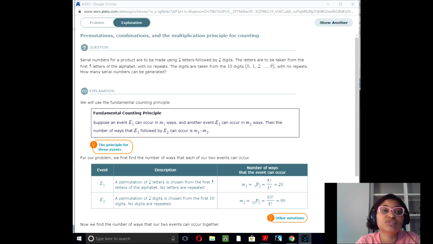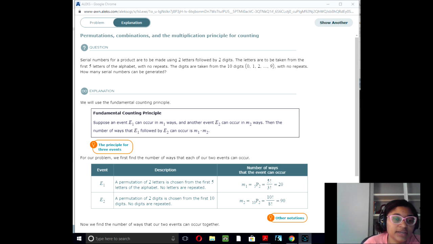The letters are to be taken from the first 5 letters of the alphabet, with no repeats. The digits are taken from the 10 digits with no repeats. How many serial numbers can be generated?